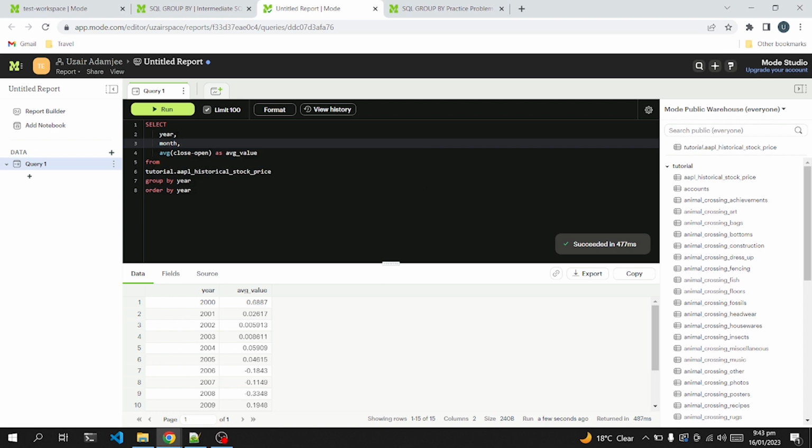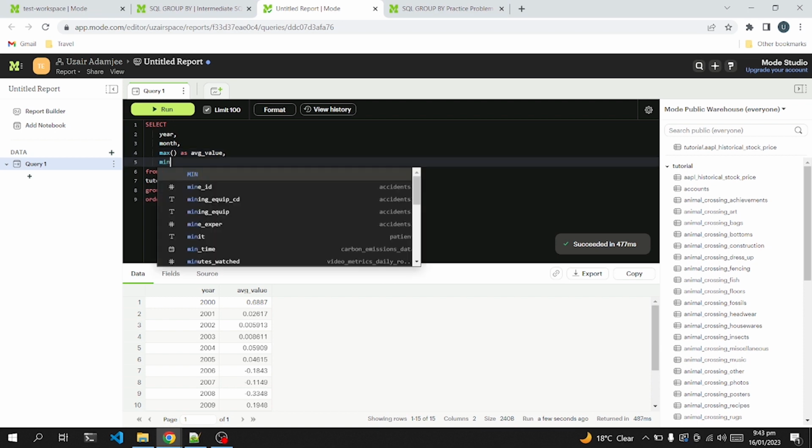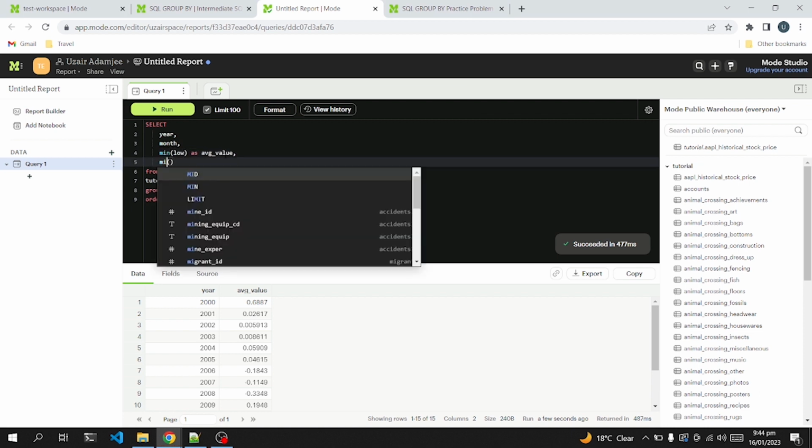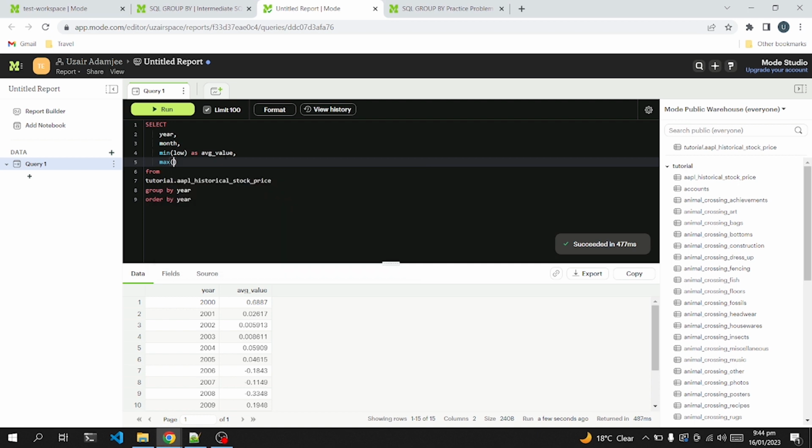Year, month, max, and minimum. Minimum of low defines the lowest price, and the highest price will be in the high column.